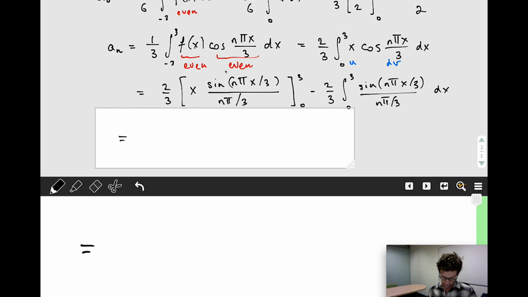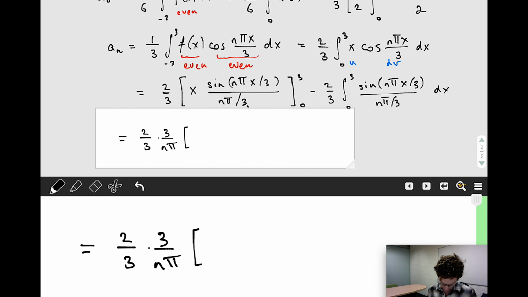Okay, so let's see what we get here. Let's take out that n pi over 3. Of course, it's dividing on the bottom, so it comes out and gets flipped upside down. So I get 2 over 3 times 3 over n pi. Division by a fraction is the same as multiplication by the reciprocal of the fraction, multiplied by x times sine n pi x over 3 from 0 to 3.